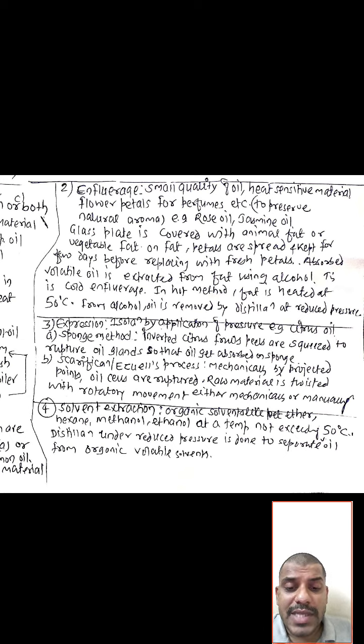So for example, citrus fruit, example orange or lemon. You will invert these peels of the fruits, and by pointed objects, mechanically through a rotor, you will continuously rotate that mechanically driven shaker having pointed piercing needles, and these needles will rupture the oil possessing cells in these peels, and oil will come out from the oil glands.